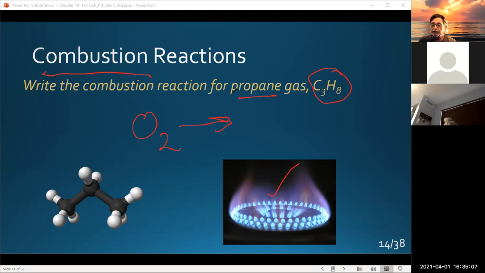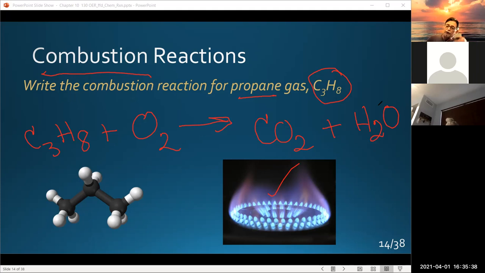Specifically, this is called propane. So the next time you're out there cooking your hot dogs and hamburgers, think C3H4. Okay. And so that is the reactant, C3H4. And remember, the combustion of a hydrocarbon always gives you carbon dioxide plus water. That's it. Those are the only products you get.